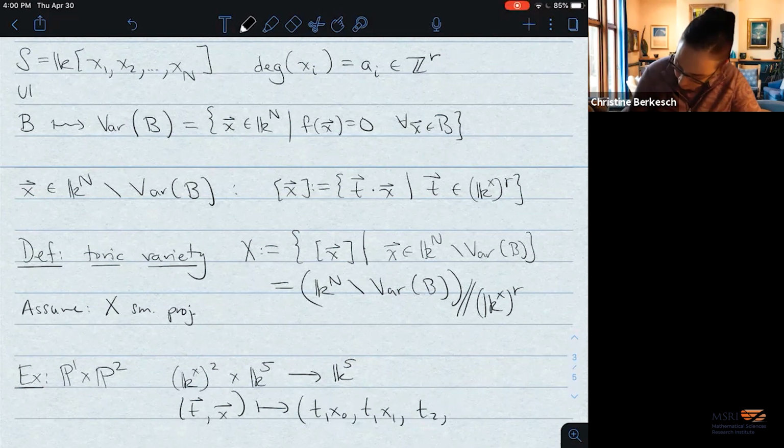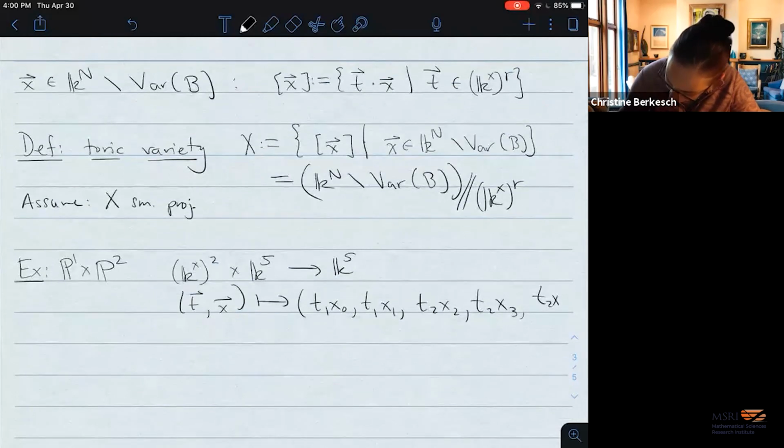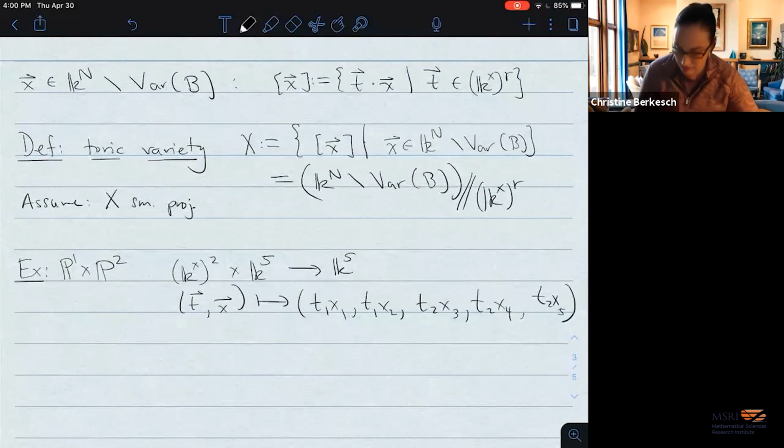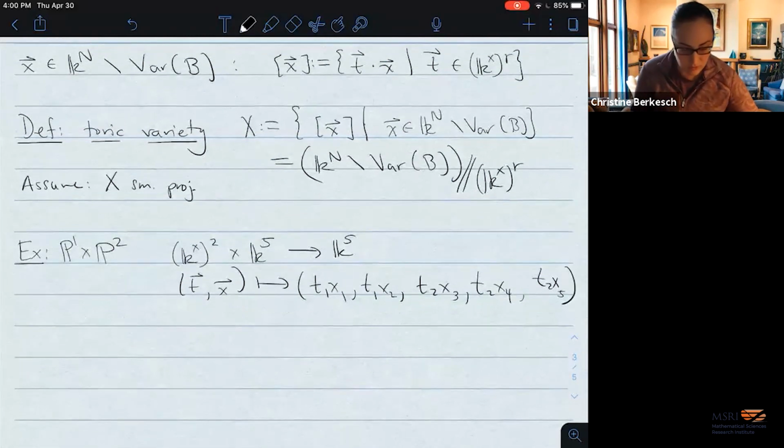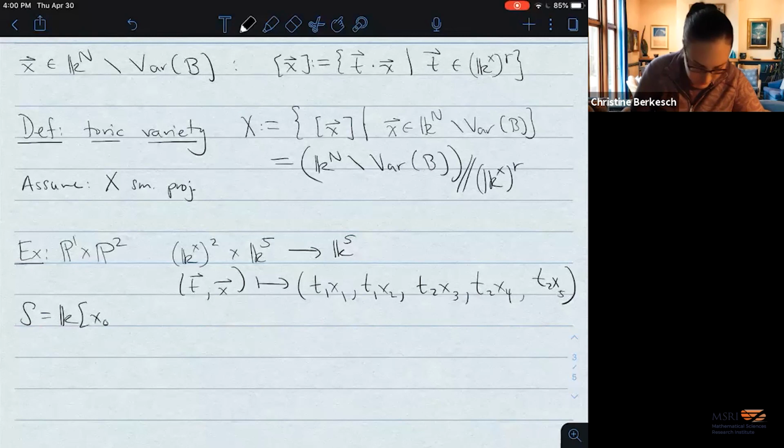Let me change my indexing here. There we go.